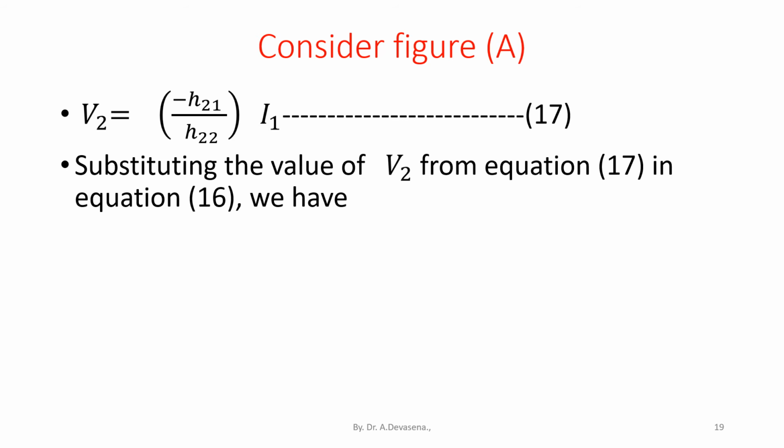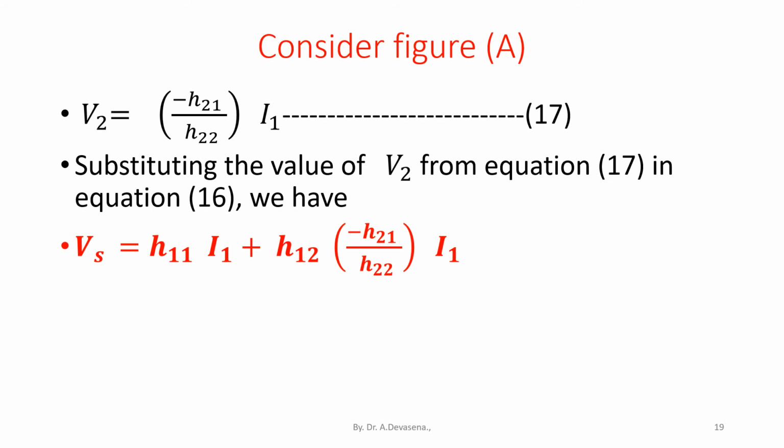Substituting the value of V2 from equation 17 in equation 16, we have Vs is equal to h11 I1 plus h12 into, open the bracket, minus h21 divided by h22, close the bracket, into I1.